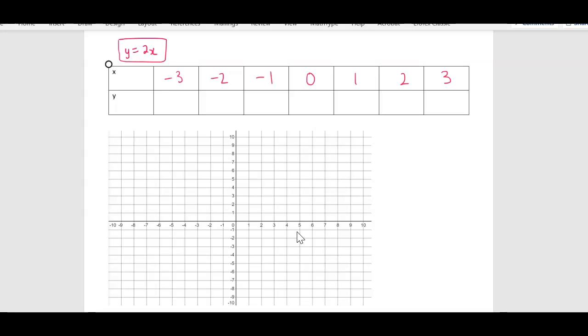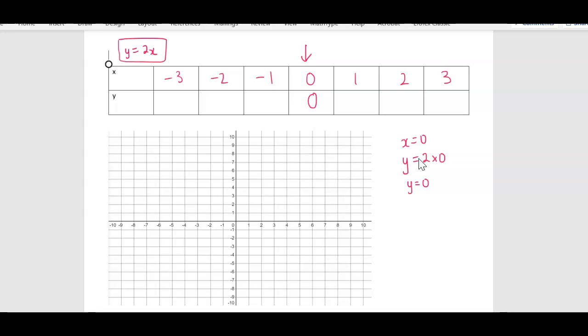The easiest one, though, is always 0. All right, so substituting in 0 into y equals 2x. So when x is equal to 0, we're going to have y equals 2 times 0. Because remember it's 2x, so 2 times 0. So that's going to be 0. So this point here is going to be 0.